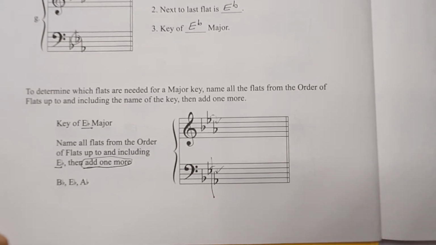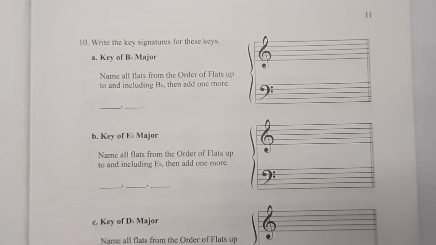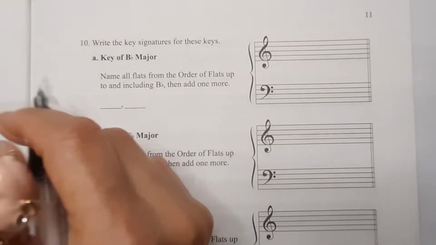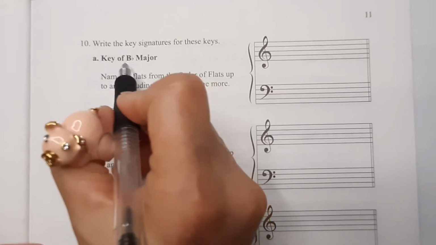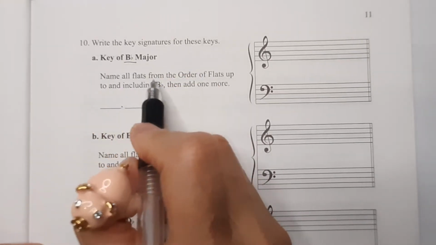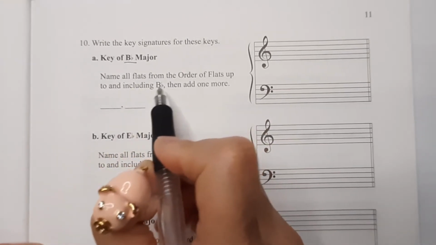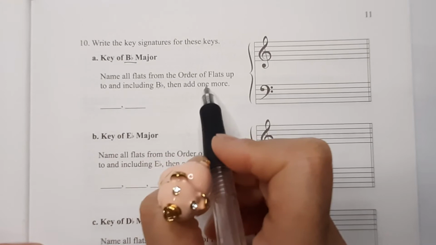That's it. Again, go up to E flat and add one more. Okay, let's go to page 11. Number 10, page 11. Write the key signatures for these keys. Now question A, key of B flat major. Name all flats from the order of flats up to and including B flat, then add one more.